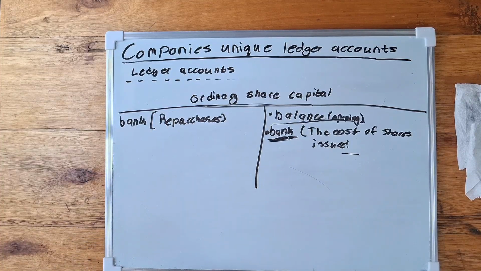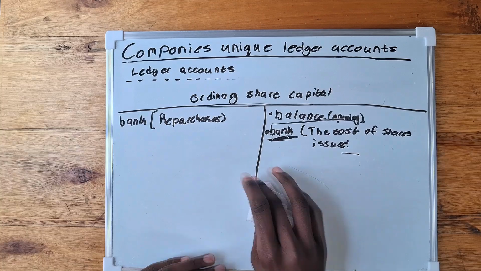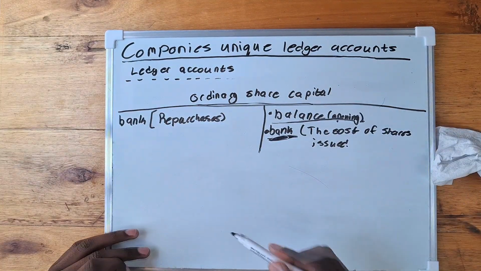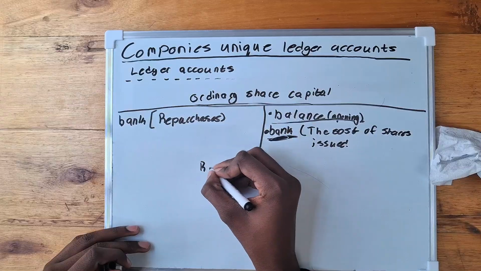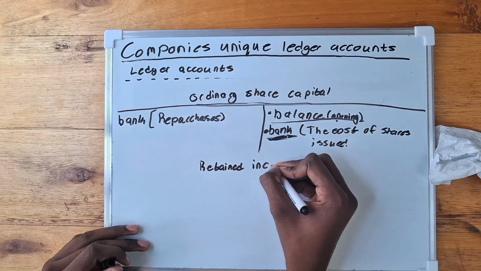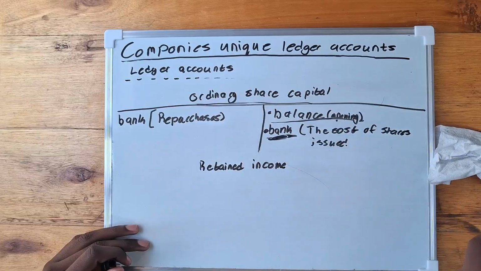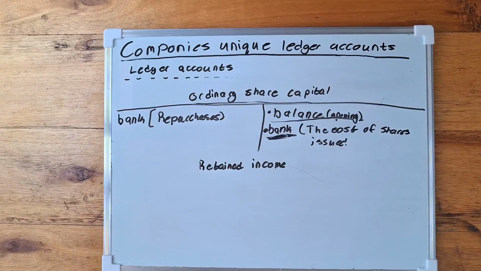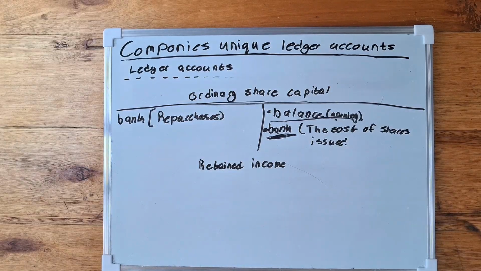So now let's move on to the second related ledger account, which is your retained income. This one tends to be challenging for most learners because there are several ways of doing it, and out of the many ways, I managed to find the easiest one.